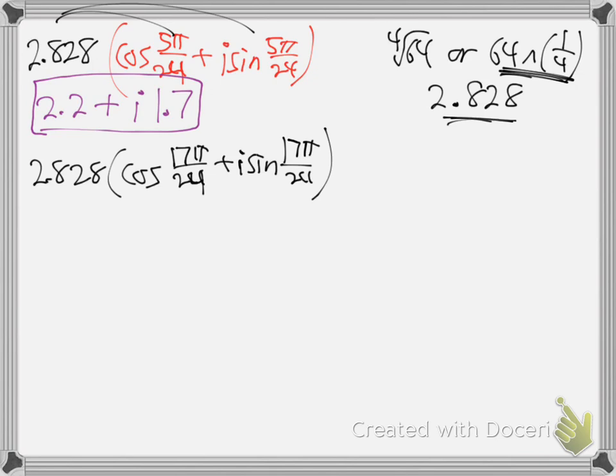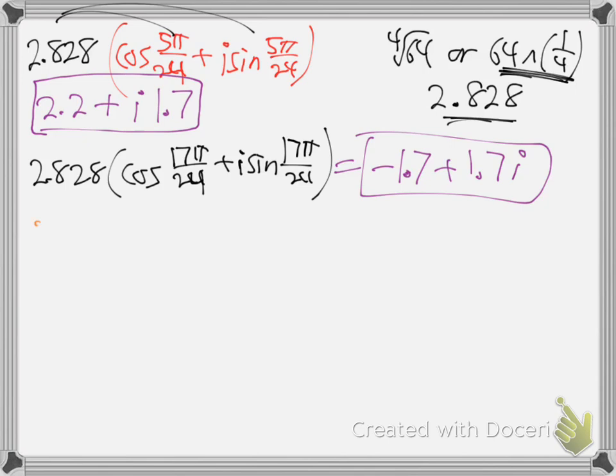Yeah, so you're right. I got what you guys are saying. Negative 1.7 for the first part, and 2.8 times sine 5 pi over 24. I'm getting plus 1.7 I. Second answer. Did you get that okay?